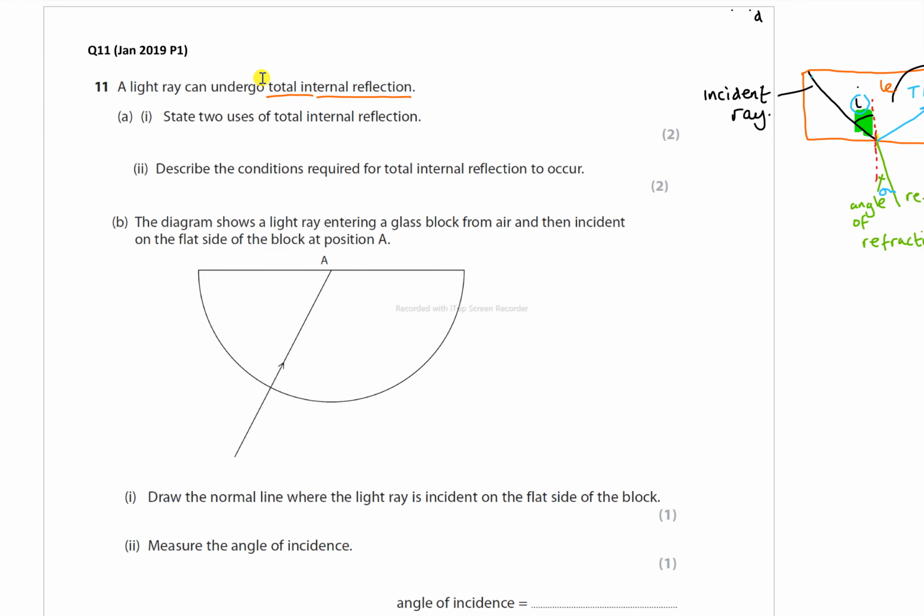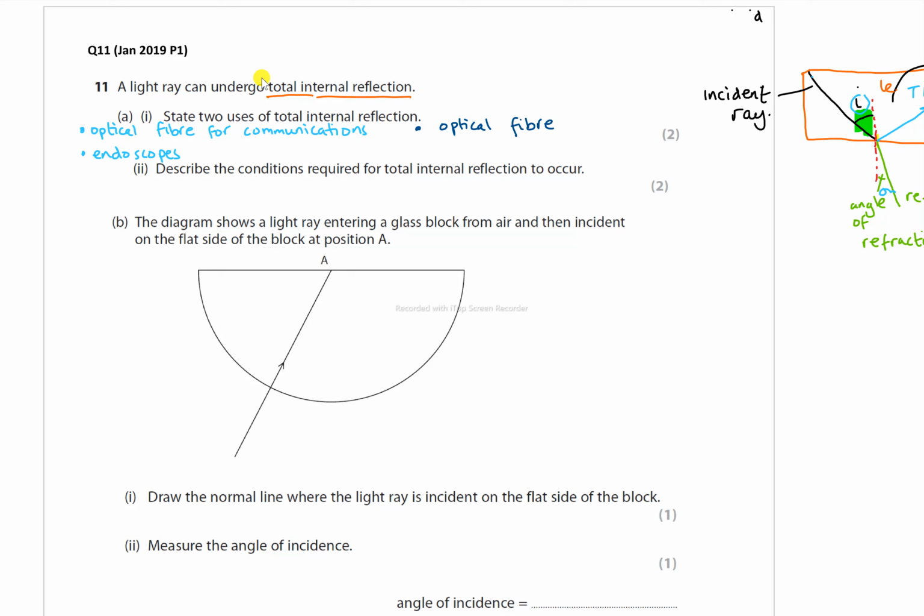Right, state two uses of total internal reflection. There's a few uses, and learn the full wording. Optical fiber for communications. What's the other use? Endoscope for doctors.